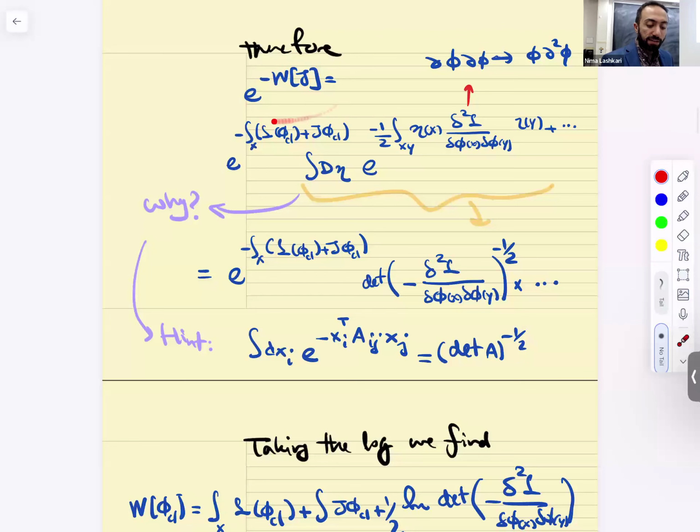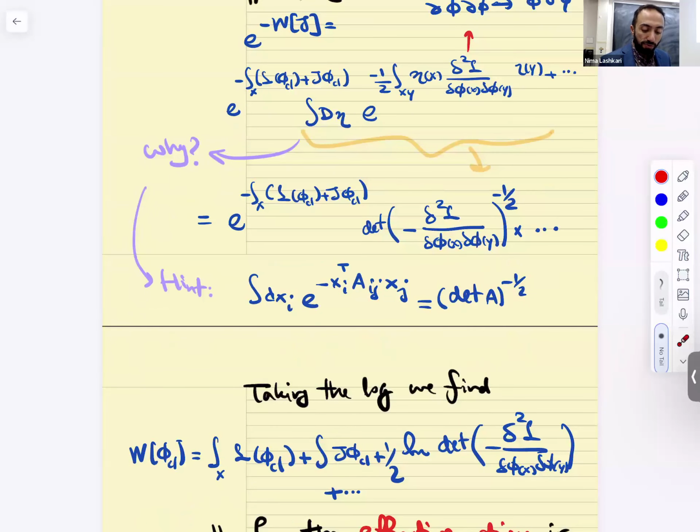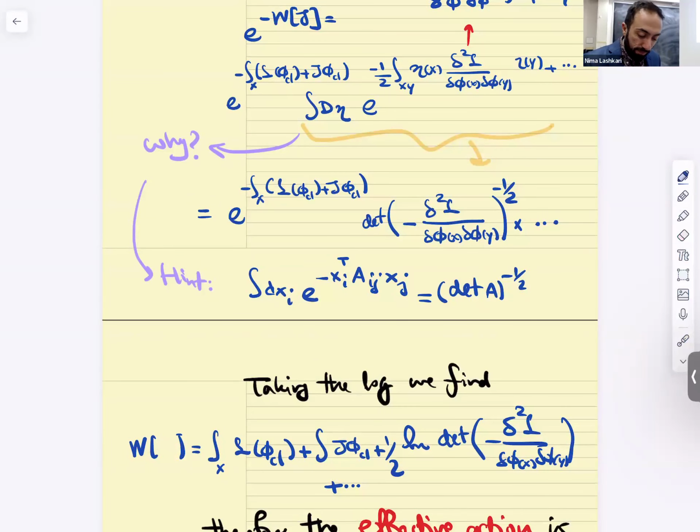So this was e to minus W of J. Take the log of it to find the generating functional for connected correlators, right? So it will be this term with a minus sign, but there's a minus sign here. Log of, there's a minus half, that minus is fine. It gives you half log of determinant of this piece, right?